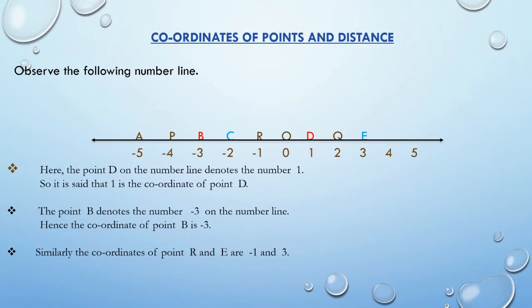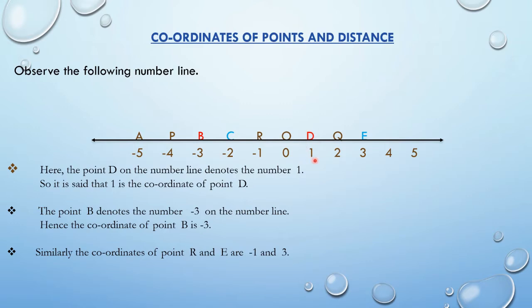Coordinates of points and distance. Observe the following number line. Students, you have already studied in a number line, the right of zero are positive numbers and the left of zero are negative numbers. In this number line, the point D denotes the number 1.